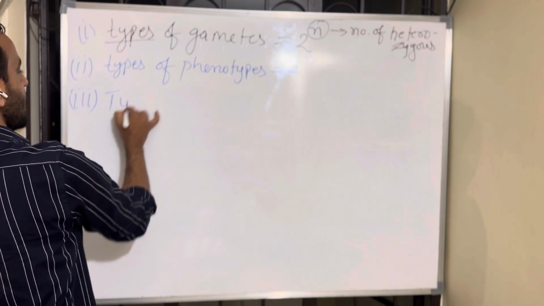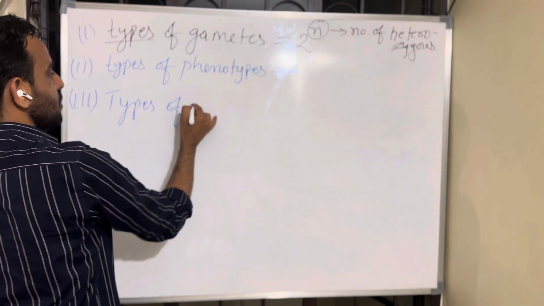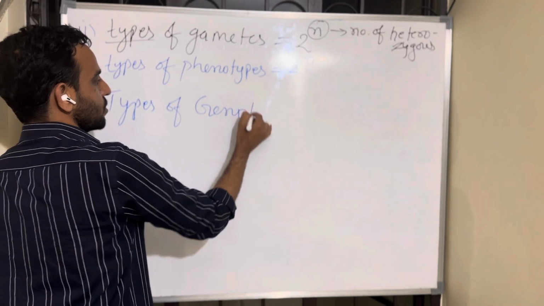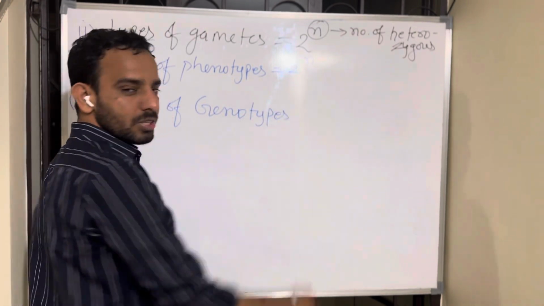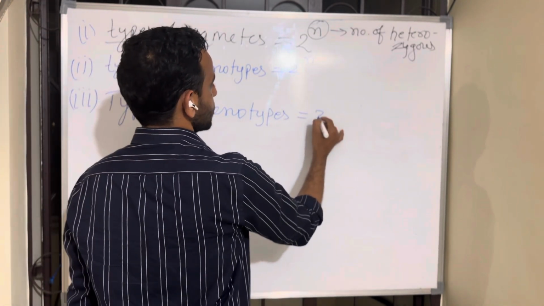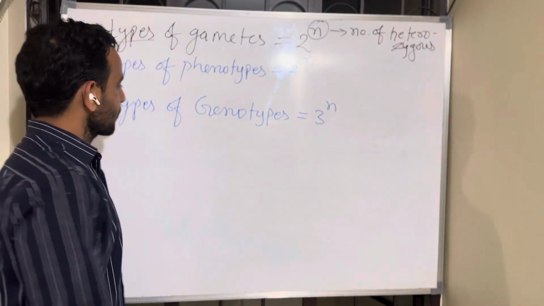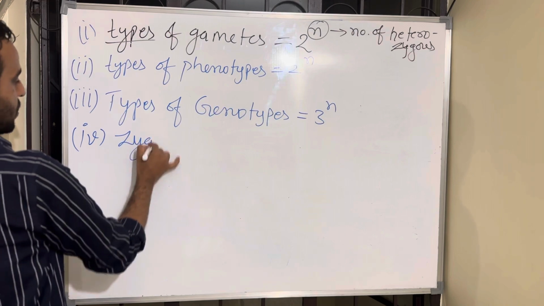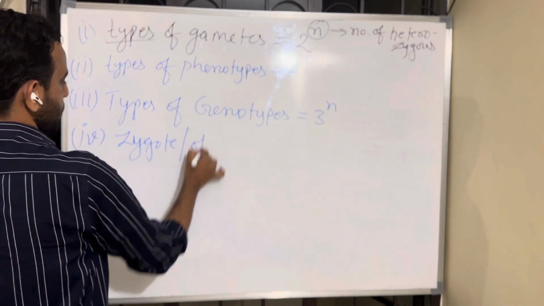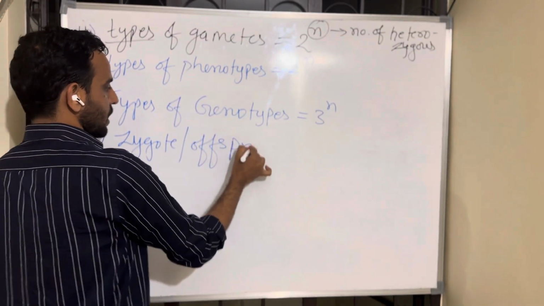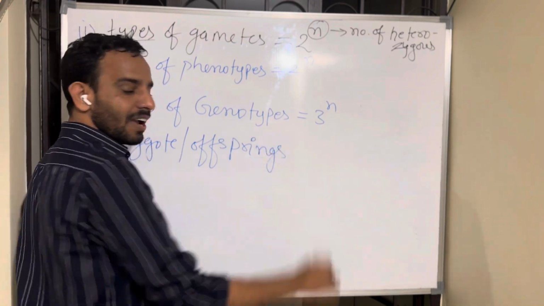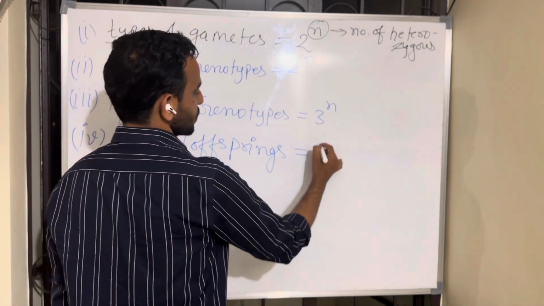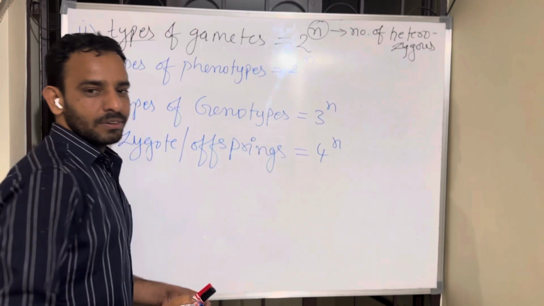Types of genotypes, which we saw just now. So types of genotypes will be 3 to the power n, right? Then what was that? Zygote or offsprings in F2. So what will be zygote or offsprings in F2? 4 to the power n.